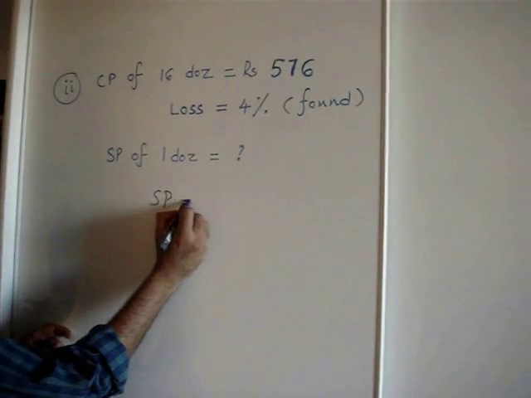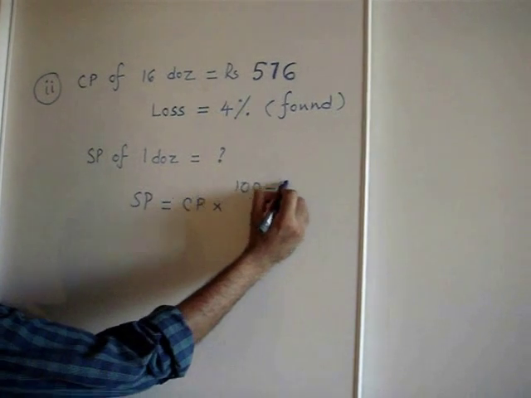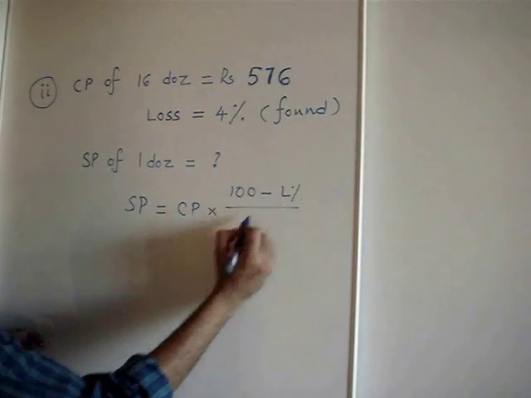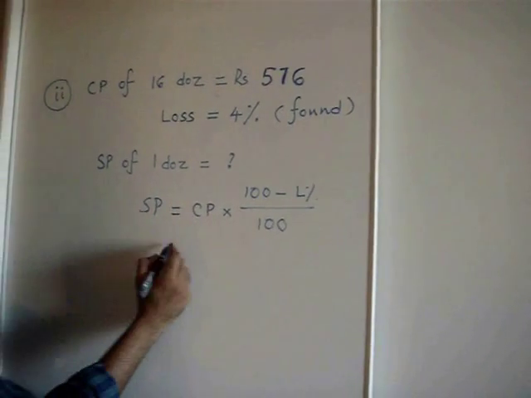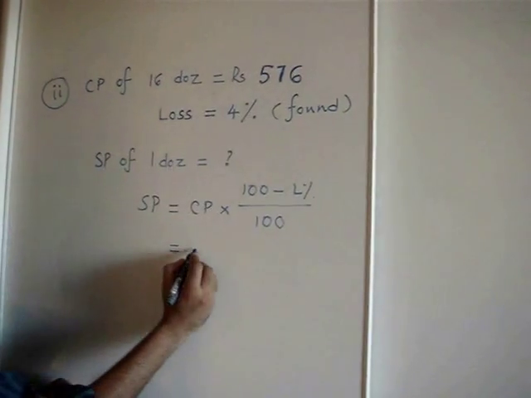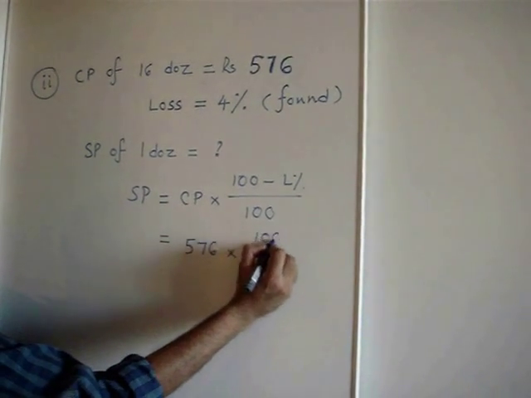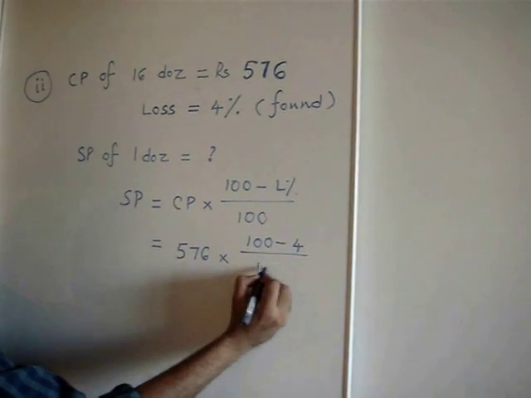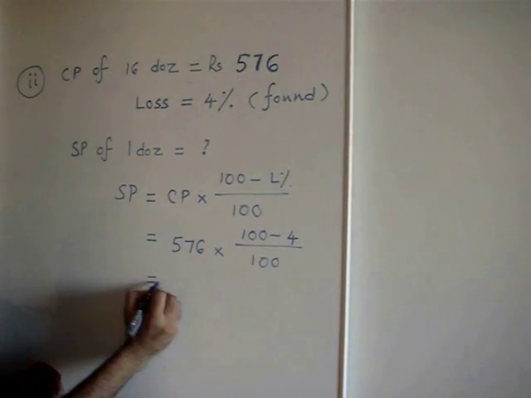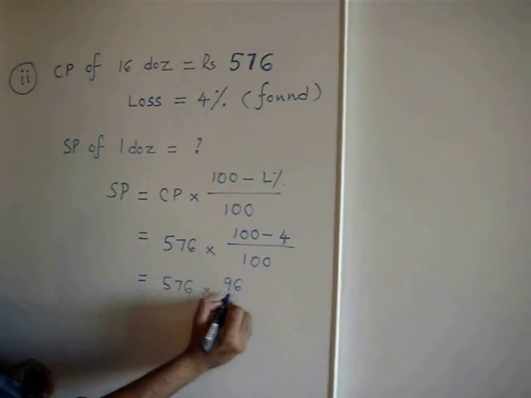SP is equal to CP into 100 minus loss percent by 100. We apply this formula here. CP we know it's given 576 into 100 minus loss percent, 4, by 100. So this becomes 576 into 96 by 100.